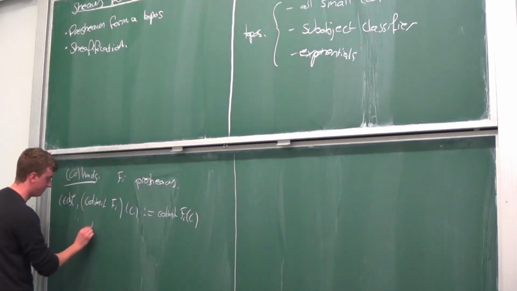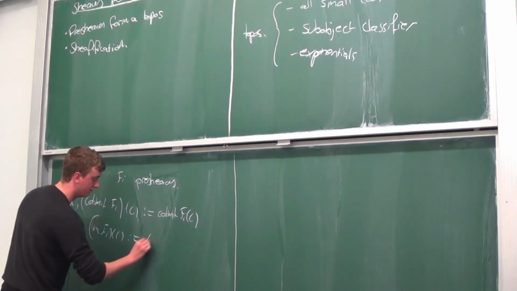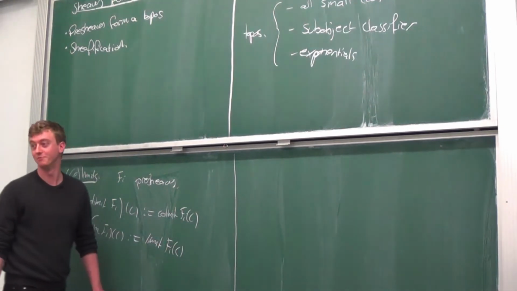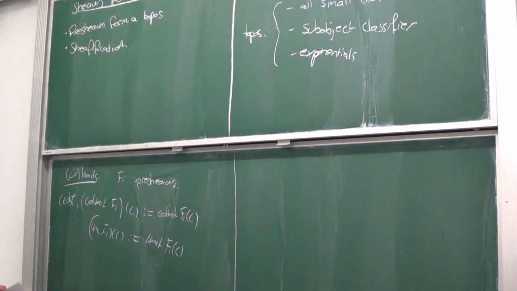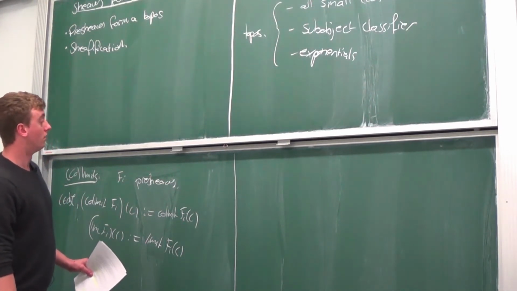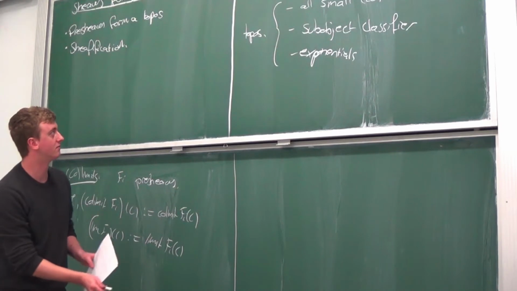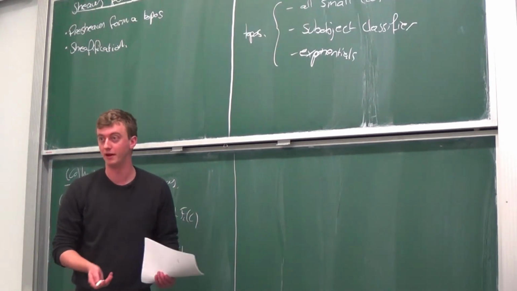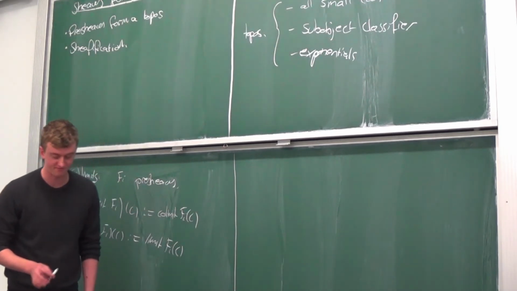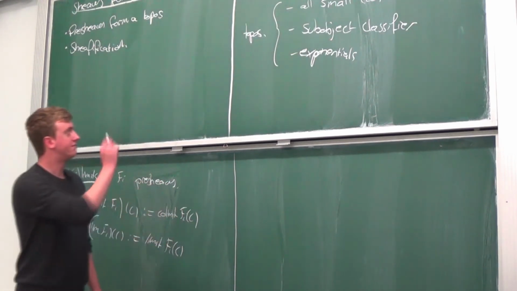And similarly for limits, the limit of F_i at C is the limit in sets. This is a fairly basic construction, but it allows us to do everything that we want to do. So that ticks off our first requirement. In particular, that means we're going to have products, pullbacks, pushforwards, that sort of thing. We should think of a colimit in presheaves as a family of colimits in sets. Okay, so that's done.